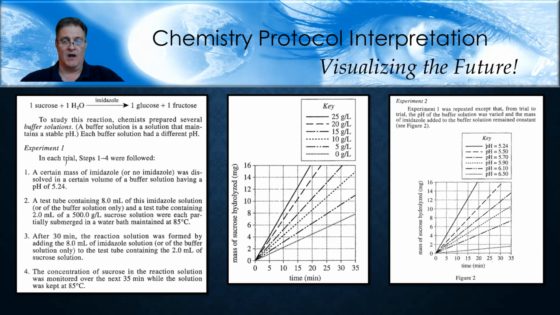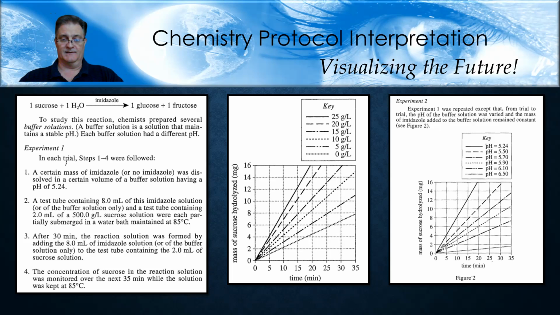The image to the right, the far right, the last image, is labeled figure 2. The key is now about pH. Notice how the pH is changing from 5.24 to 5.5, all the way through 6.5. And notice the effects of the pH of the solution on the reaction.